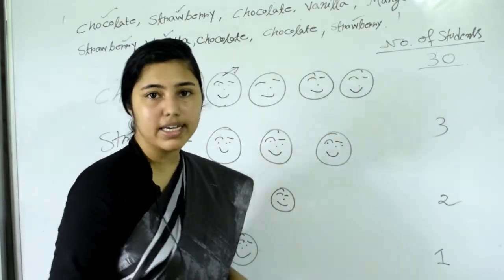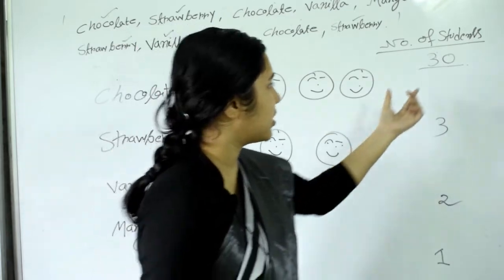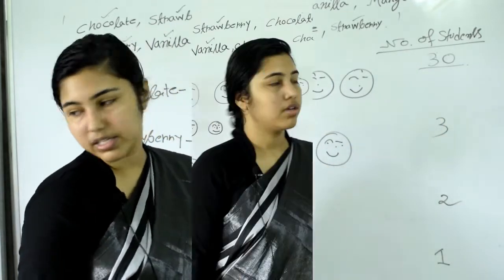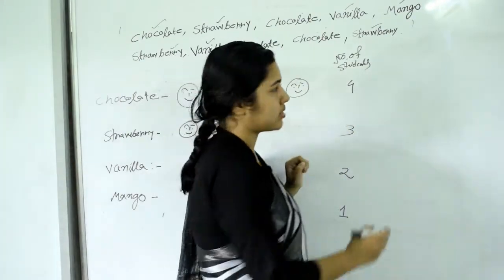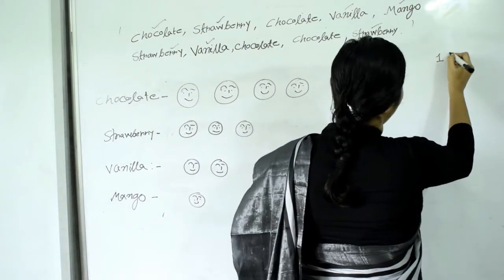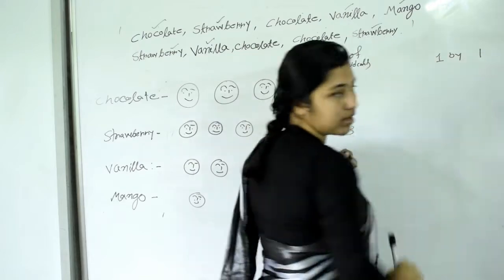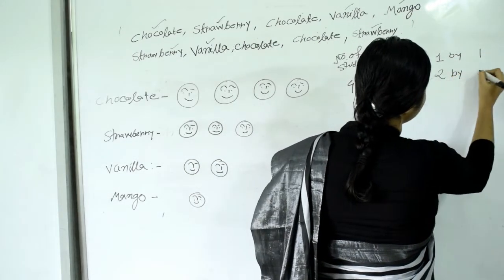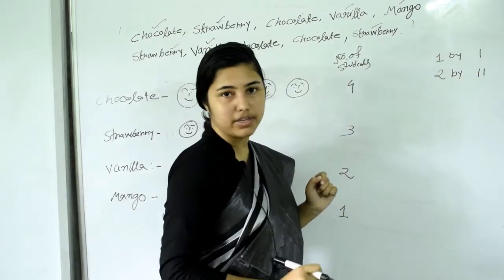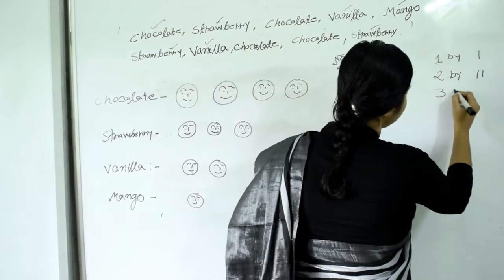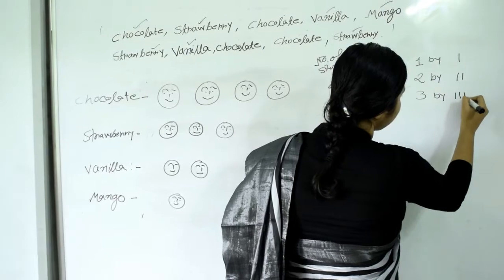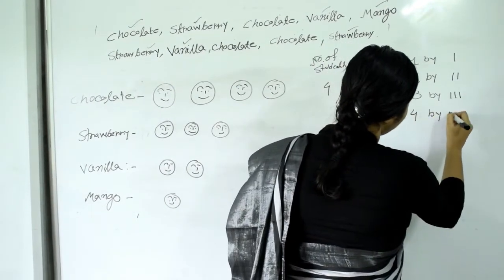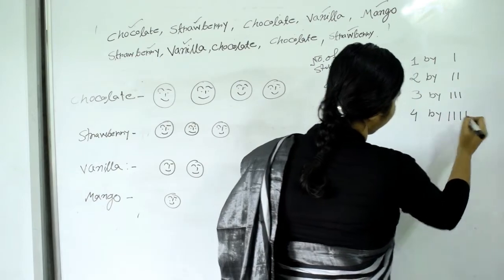So in that case, we can represent this number 30 by drawing bars. So represent 1 by just one bar. Number 2 by 2 bars. Number 3 as 3 bars. Number 4 by 1, 2, 3, 4.